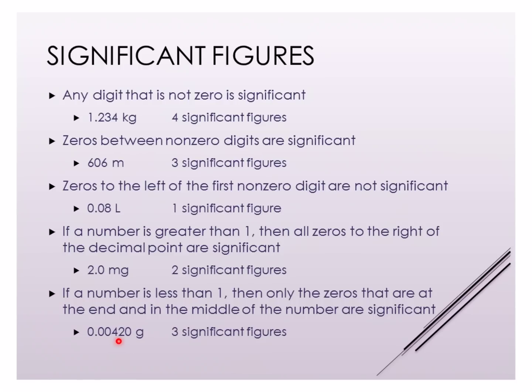And then we have a 4 and a 2, which we know are significant because they're not 0. And then we have this 0 at the end. So just like we saw up here with the 2.0, if we have zeros after the significant digit, and those numbers are all after the decimal place, then what we find is that last 0 is significant. So this value has 3 significant digits, which is the 4, the 2, and this last 0.